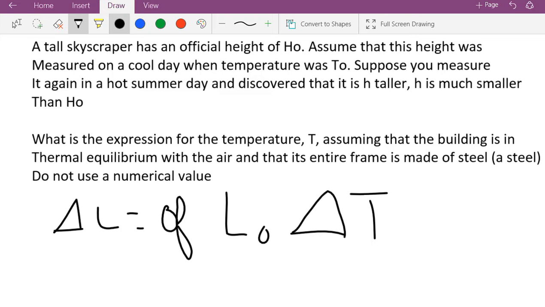So let's see. That delta L, that change in length, is going to be our h, since you discover that it is h taller. If we had a max length, it would be h naught plus h, where h is the change. So that's going to be this.